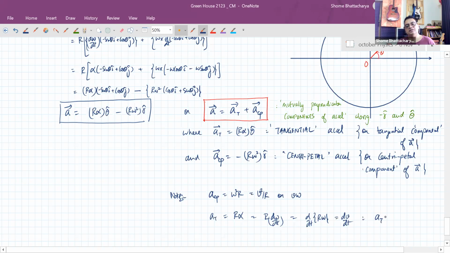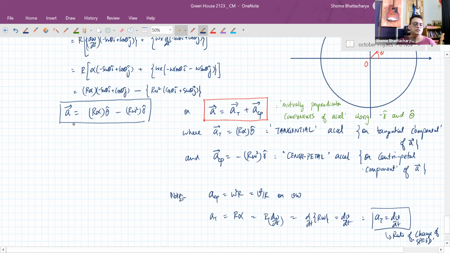So tangential acceleration equals the rate of change of speed, whereas the magnitude of the centripetal acceleration is v square by r.